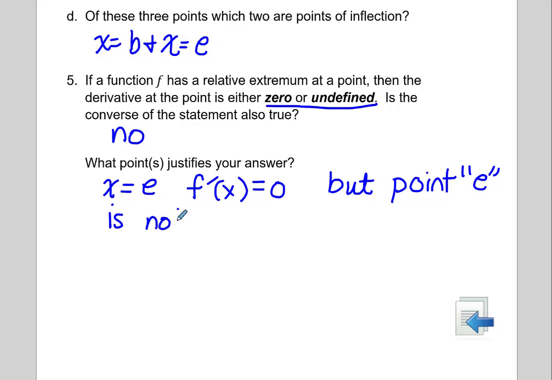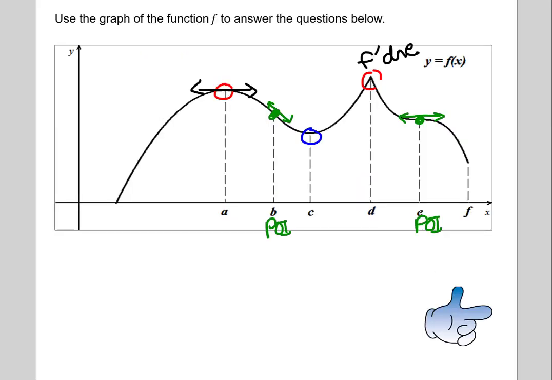It's not an extrema of the function. And we can go back and look at that. You see?